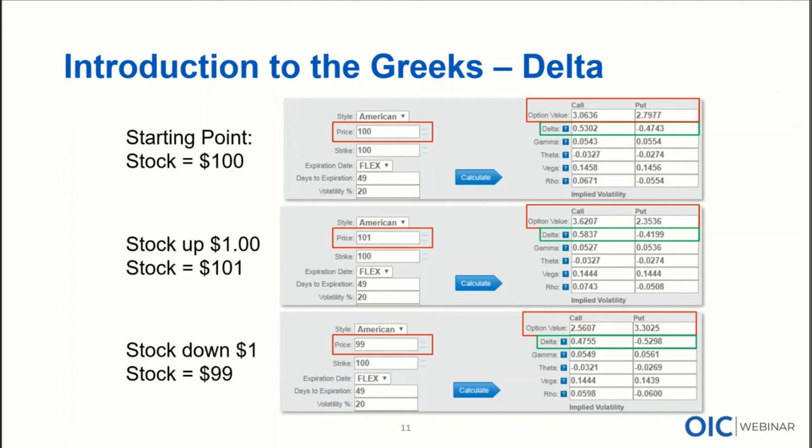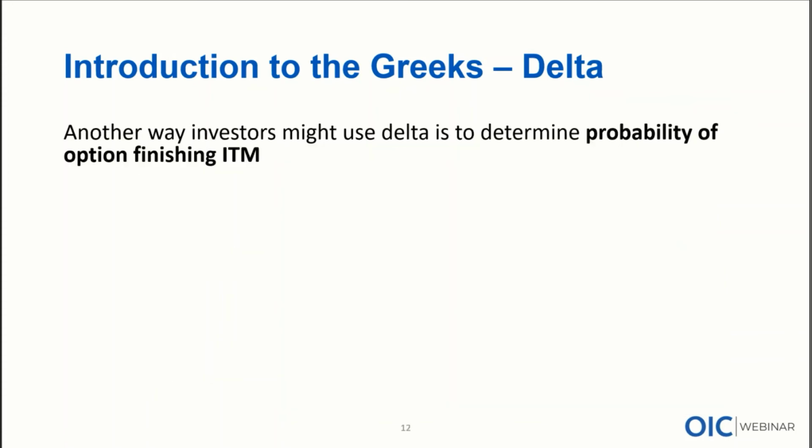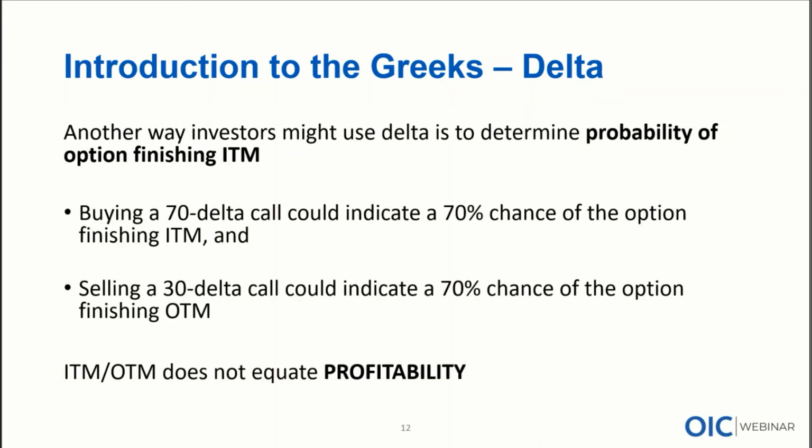All of this is just to showcase the dynamic feature of all of the Greeks, and specifically here with delta. One of the other definitions that I had learned way back when I started in this industry was that delta is used to determine the probability of an option finishing in the money. This is not a precise mathematical computation.